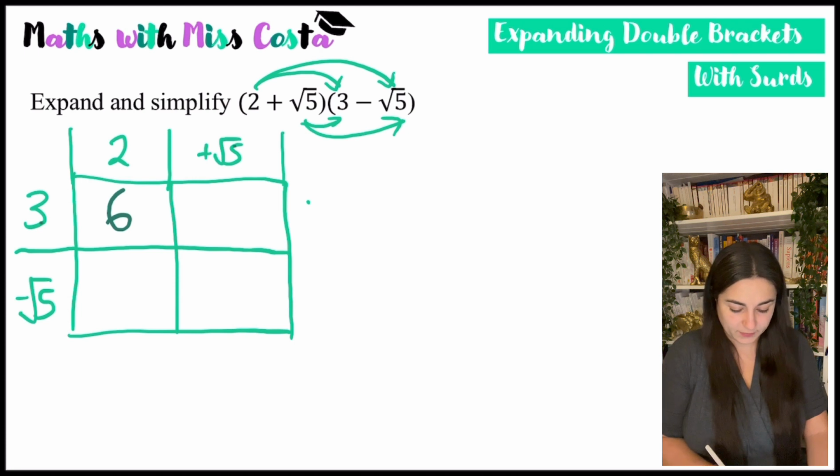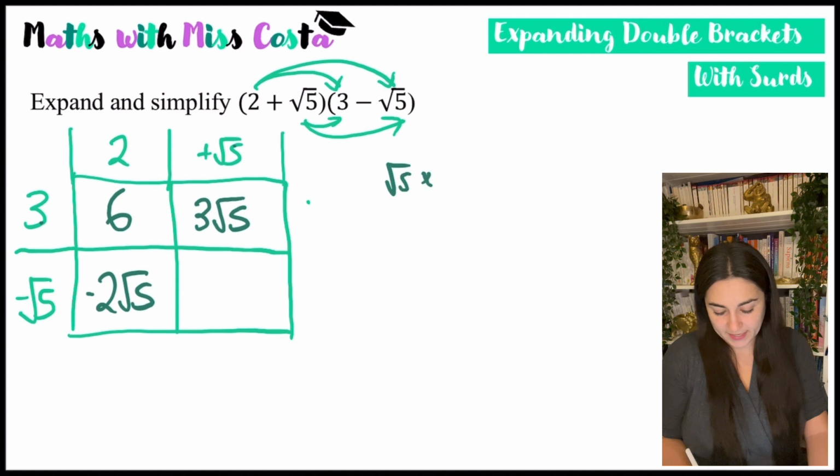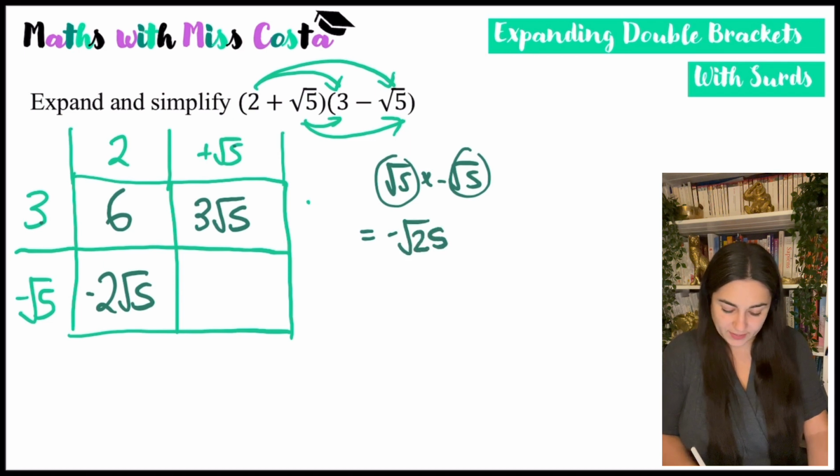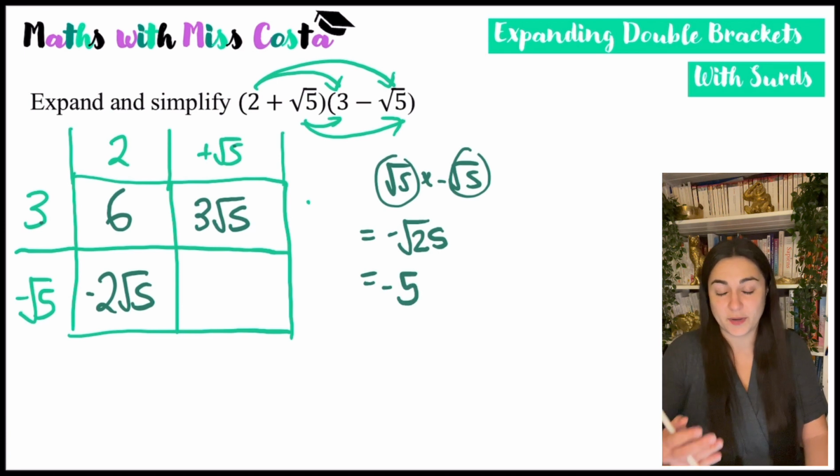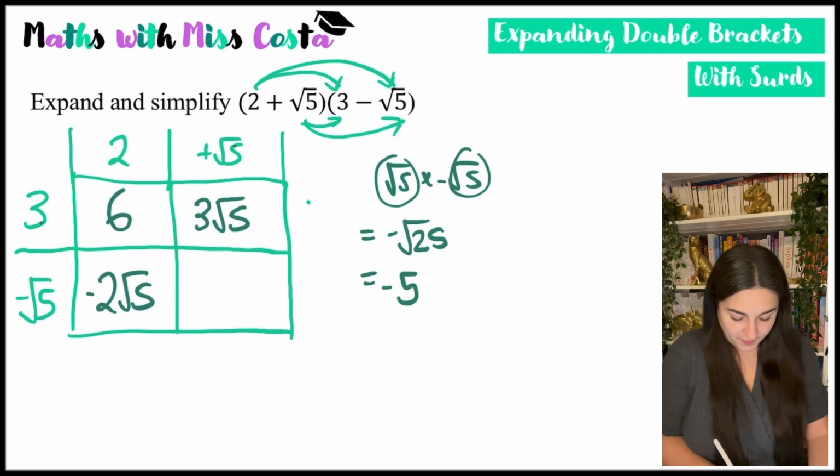I've got 3 times root 5, which would be 3 root 5. I've got 2 times negative root 5, which would be negative 2 root 5. And then I've got root 5 times negative root 5. So remember, root 5 times root 5 is going to become root 25, which is 5, because the square root of 25 is 5, so that's negative 5. So that's how I'd do that.